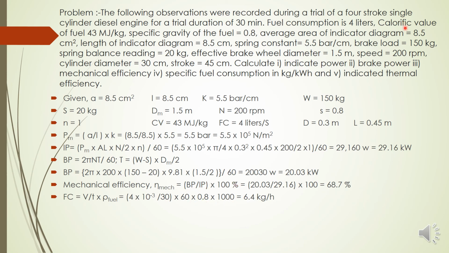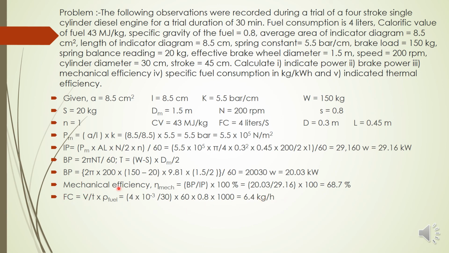Specific gravity is given as 0.8. Specific gravity is the ratio of density of that liquid to density of water. So that means density of this fuel is 0.8 into 1000, 1000 is the density of water. So we are getting fuel consumption as 6.4 kilogram per hour.